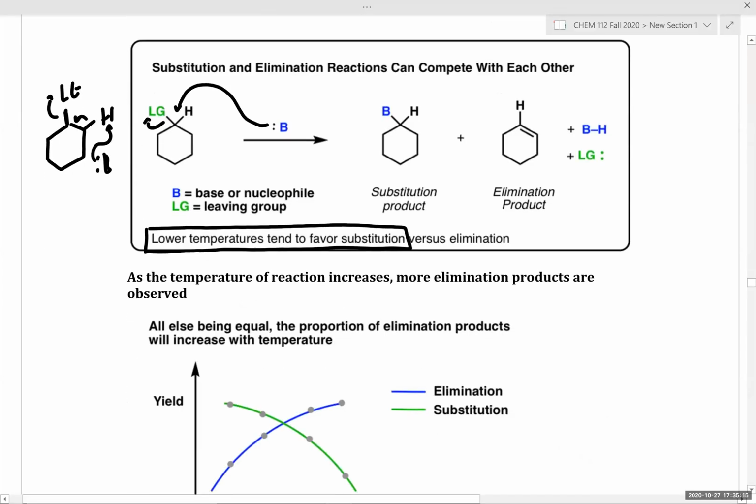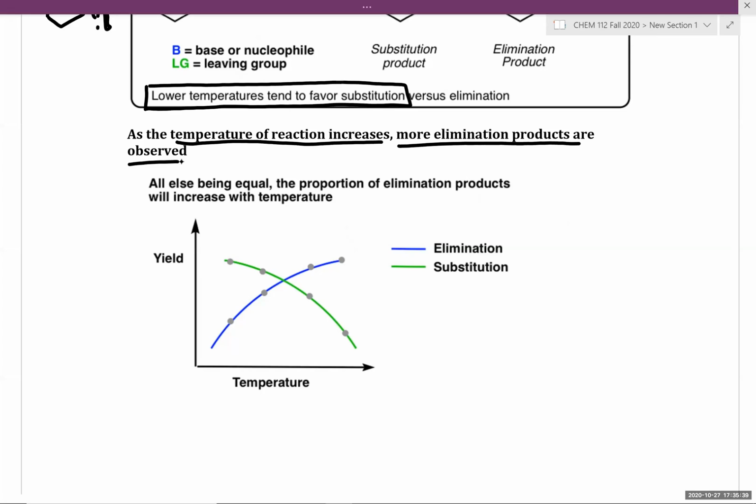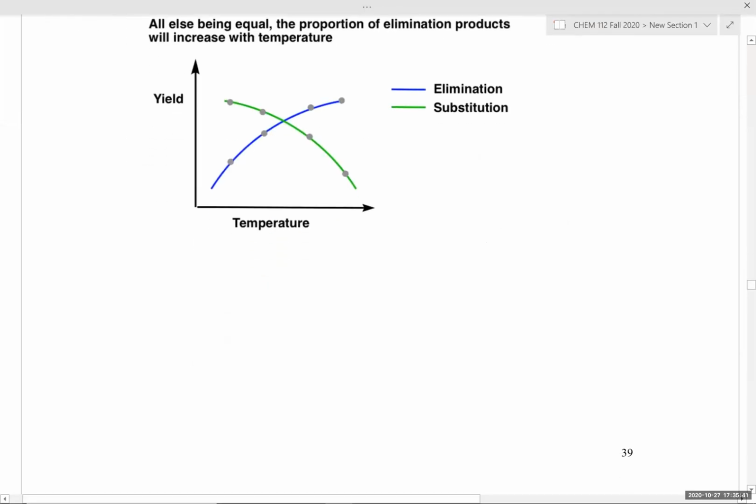So we know that all else being equal, as the temperature of a reaction increases, more elimination products are observed. So temperature control plays a pretty big impact on this reaction. The more we increase the temperature, the more elimination product we observe. Okay, so let's try to explain why that occurs.